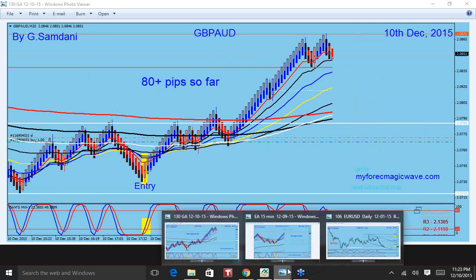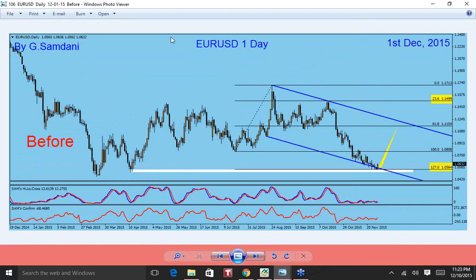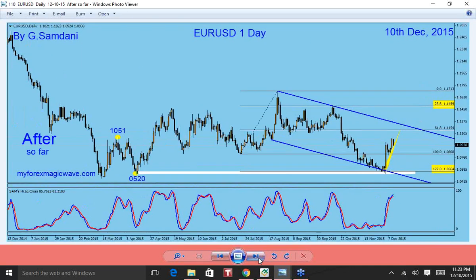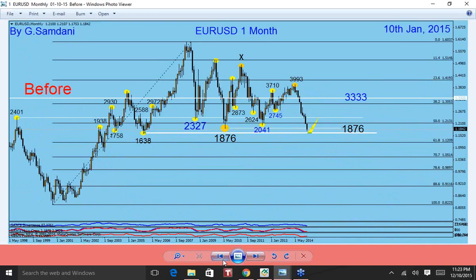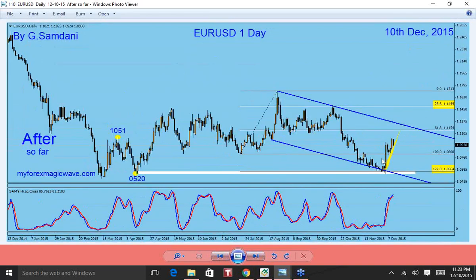Let me see what happened to Euro. You can see here, December 1st, Euro USD chart. You can see how it is now, and what happened to this chart is this. Okay, today is this. This is the old one. So this is today. From here to here, nice and clean, several hundred pips bounce. So I have too many charts to show you.